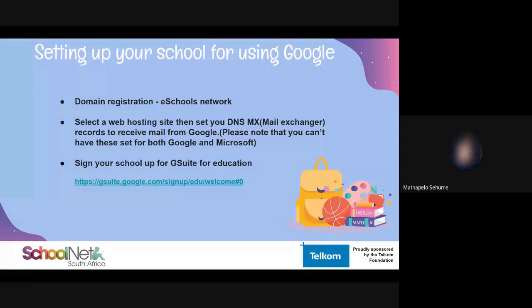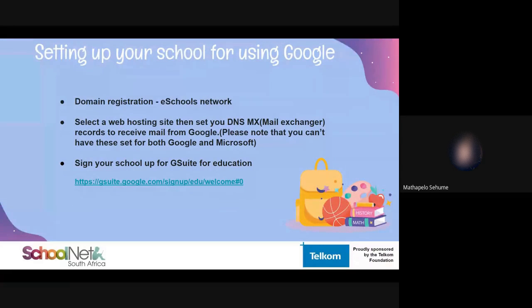So it's important that it's set to receive email from Gmail, because if you set it to receive Microsoft, then it blocks Gmail. So the school needs to decide which platform they want to use. And in the event they want to use Gmail, it's important that their MX records point to the Gmail mail exchange, right?